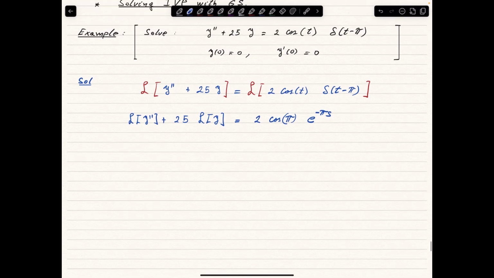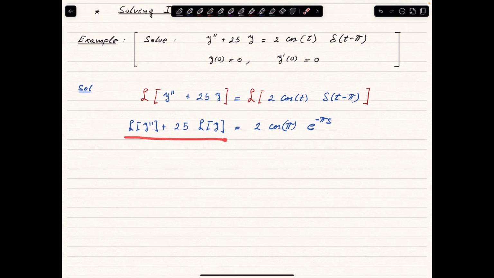On the left side, if we come back here, because we don't have any initial condition, they are 0, so this is just nothing more than s squared times the Laplace transform of y, and here is 25 times the Laplace transform of y. And now if we recall that the cosine of pi is actually -1, then this is just -2 exponential minus pi s.